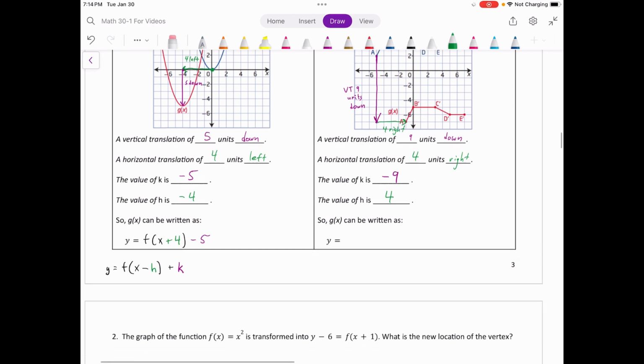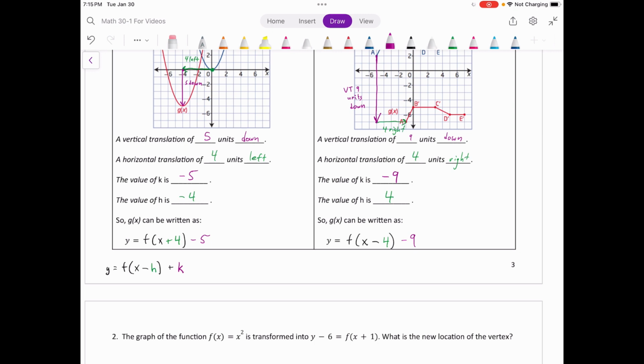Well, we know that h is 4, so I need to rewrite g of x. G of x in terms of f of x would be f of x minus our h, and our h is 4, x minus 4, plus k. But k is -9, so subtract 9.